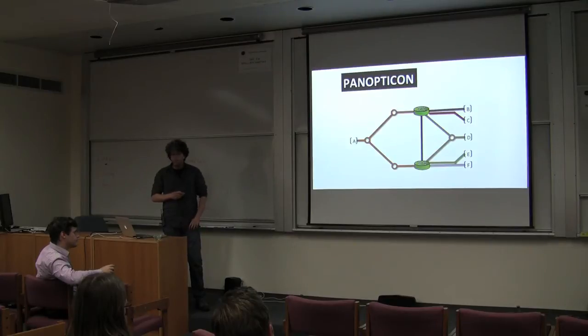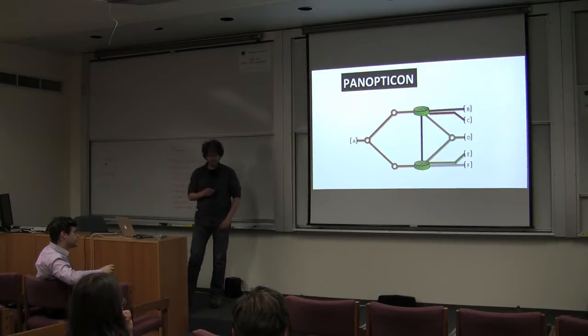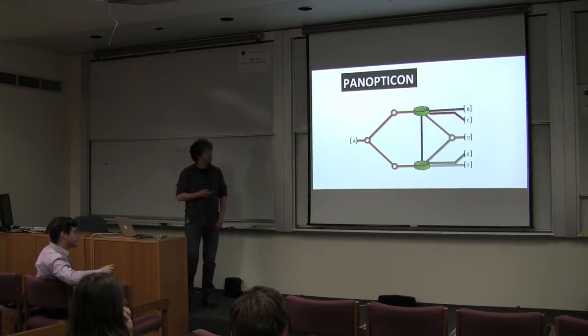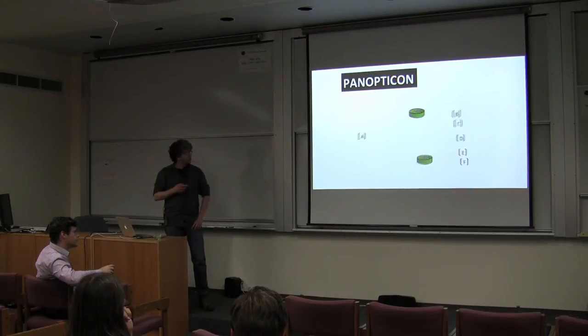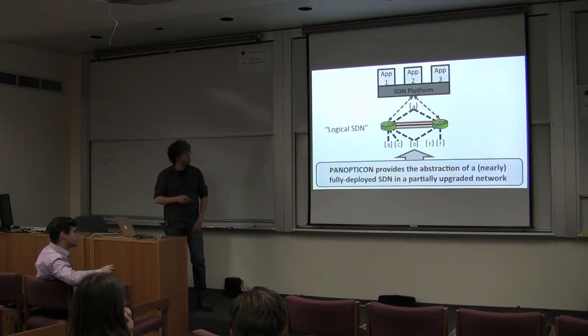All right, so let's look at where we are now. Now that we have the SDN Waypoint Enforcement mechanism, this allows us to have Panopticon abstract the physical topology to a logical SDN, which we then expose to the SDN platform.